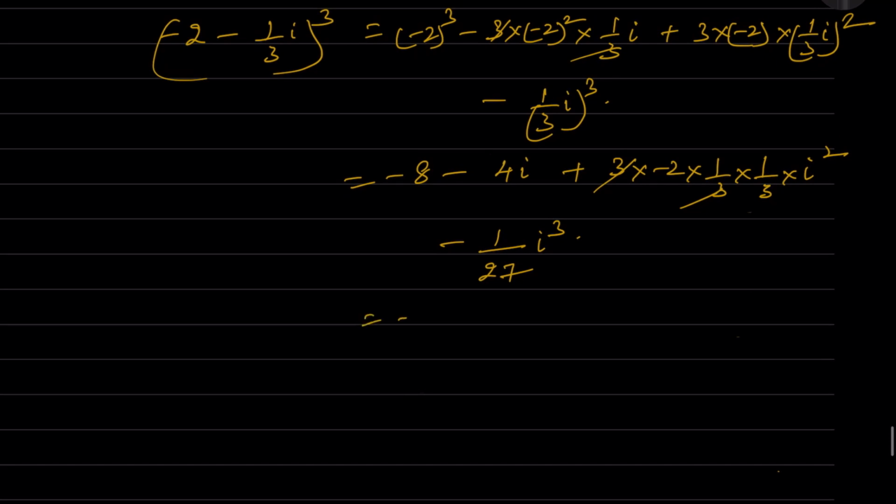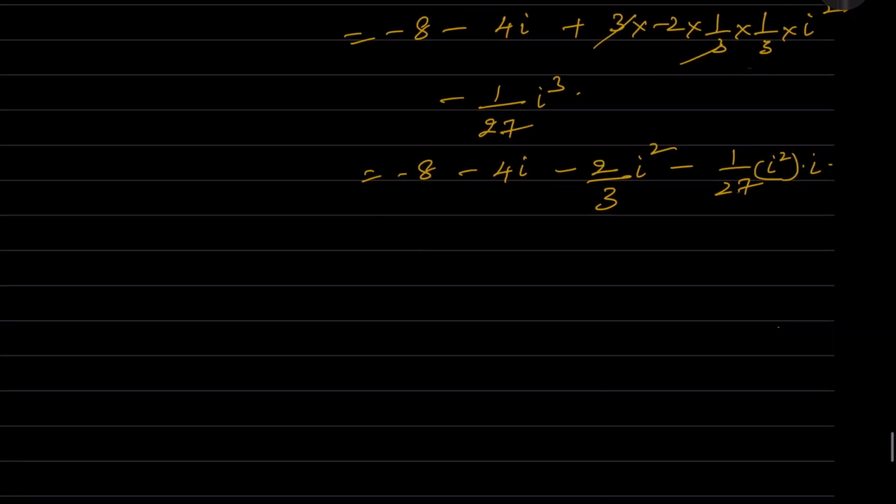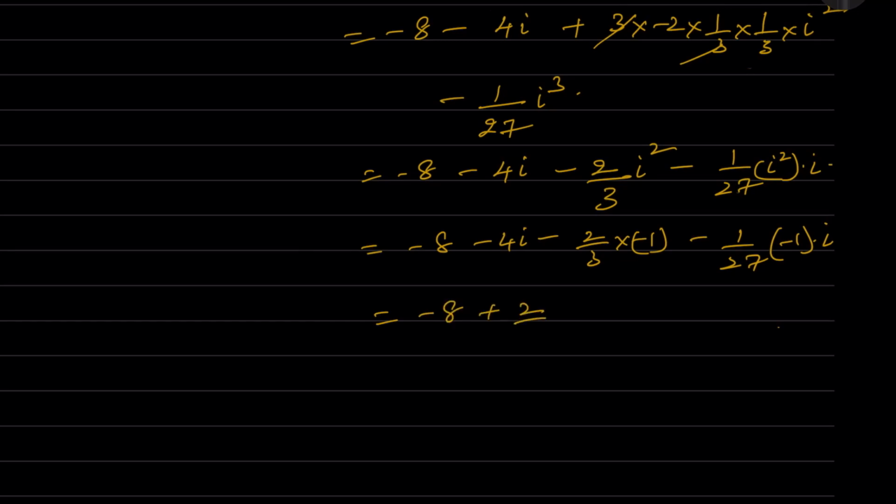So which is equal to minus 8 minus 4i minus 2/3 i square minus 1/27 i square into i. So this will be equal to minus 8 minus 4i minus 2/3 into minus 1 minus 1/27 into minus 1 into i. So which is equal to minus 8, here minus into minus is plus 2/3 minus 4i plus 1/27 i.